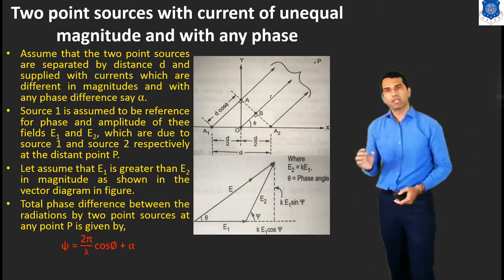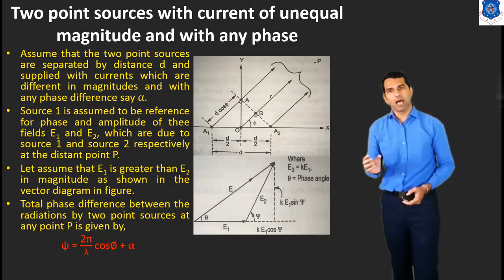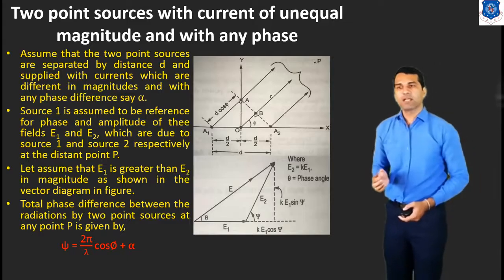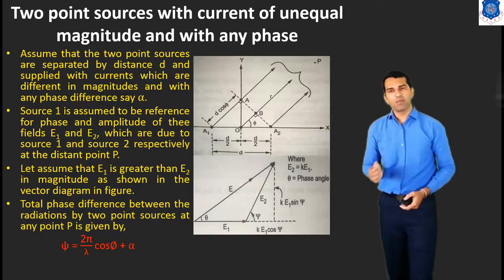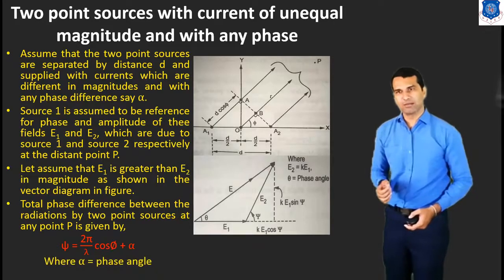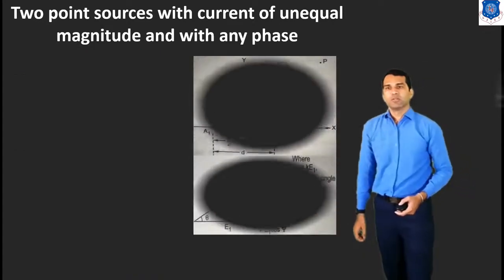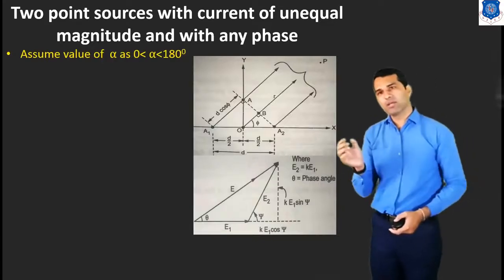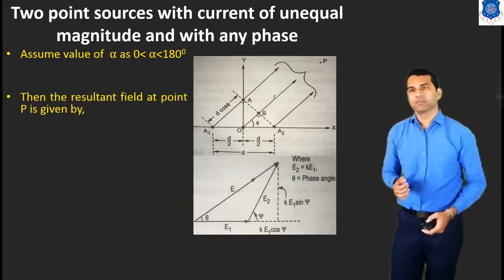Here we have given the phase of this as α, so the phase angle becomes ψ = (2π/λ) cos φ + α, where α is the phase angle. Assume the value of α varies between 0 and 180 degrees.